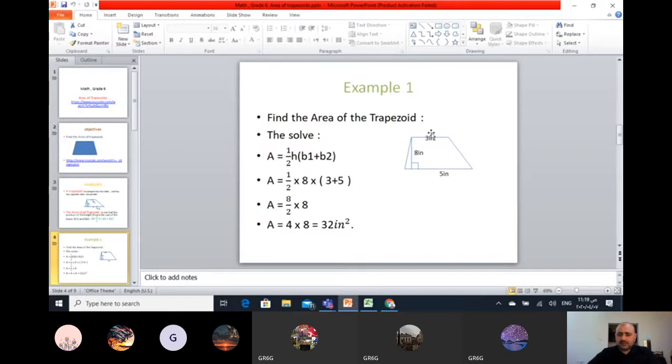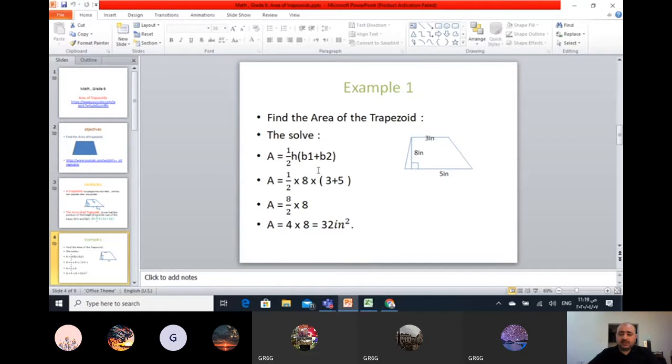I will repeat. As you see, we have here small base equal 3 and the big base equal 5. And here we have the height equal 8. The first step, start from the formula. A equal 1/2 multiplied by the height, multiplied by parentheses B1 plus B2.